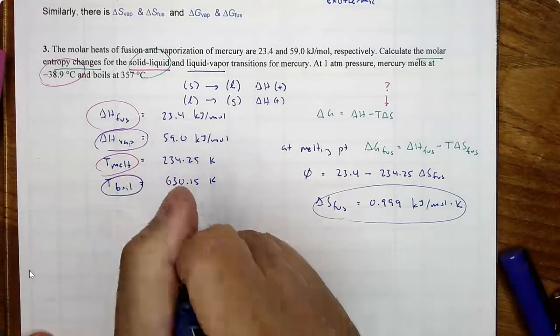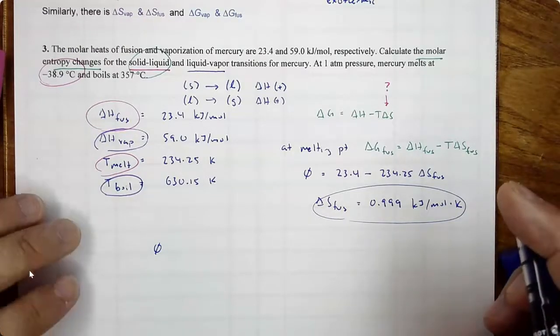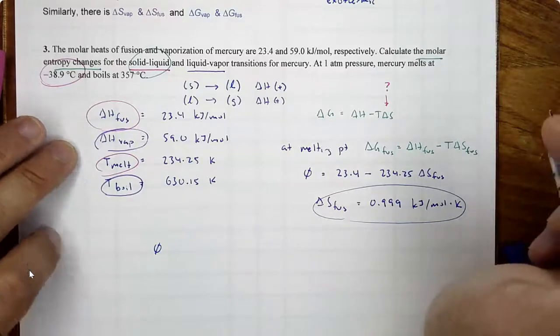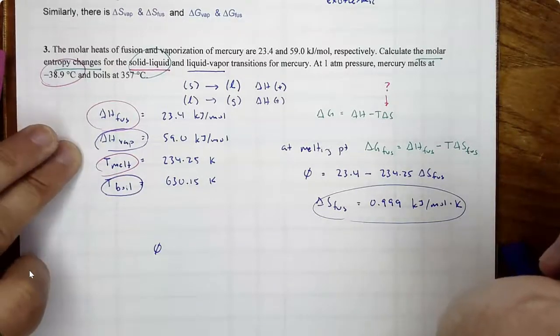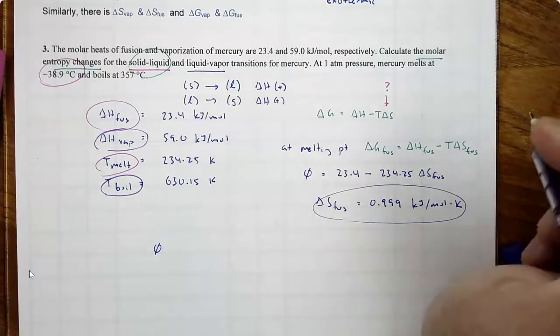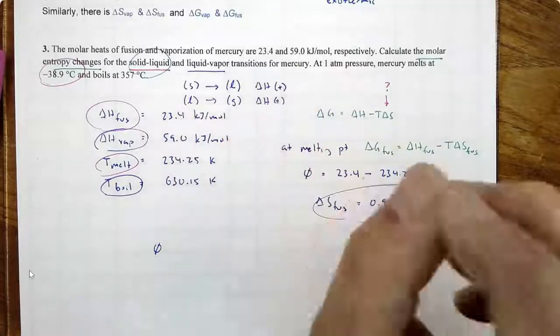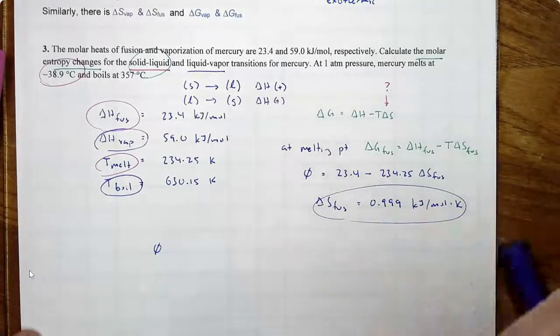So delta G is 0 because, again, they're asking for the delta S of vaporization, and we know that at the boiling point, the liquid and gas are at equilibrium. So delta G is 0.